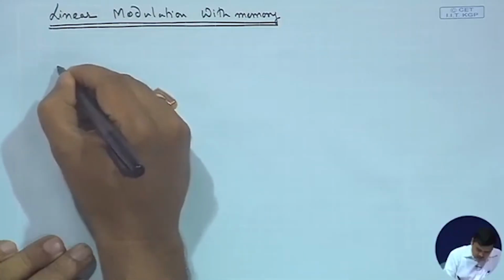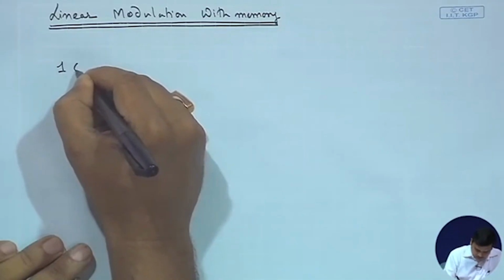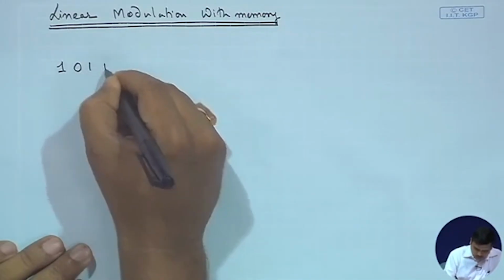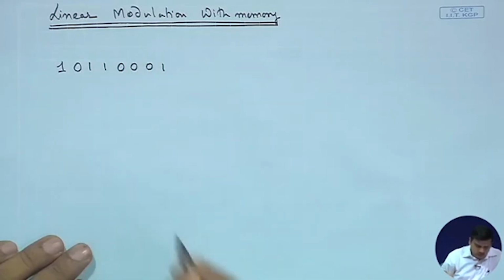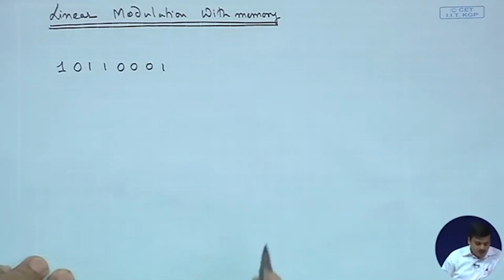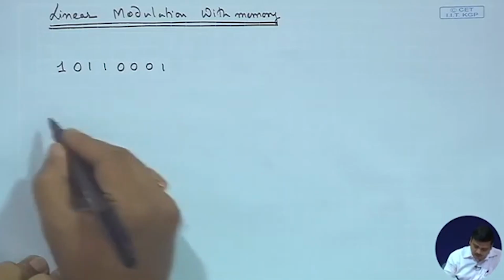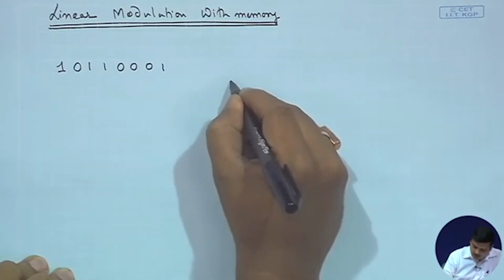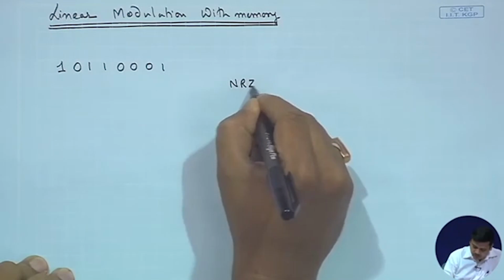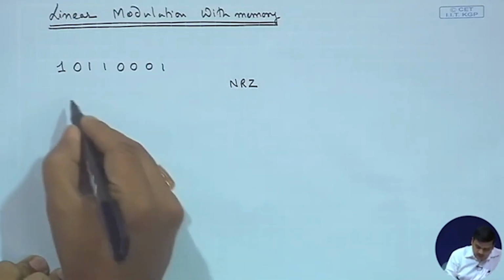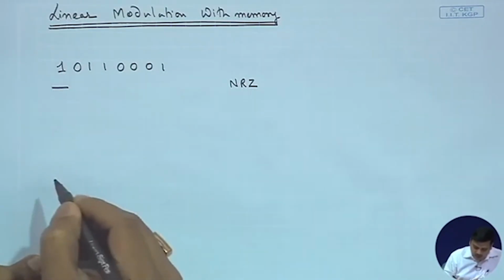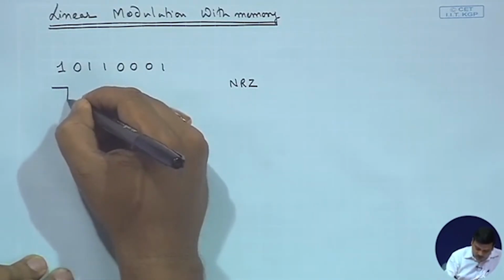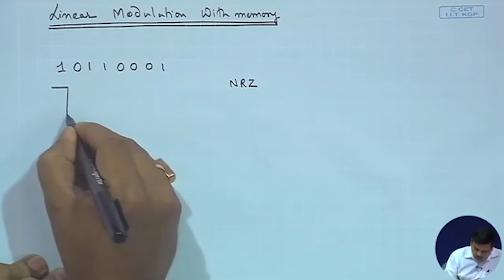So, suppose we have a bit sequence like this, and if you are doing NRZ, that means non return to 0 signaling, that would require that whenever there is a 1 you send a high amplitude, and whenever there is a 0 you send the negative amplitude.